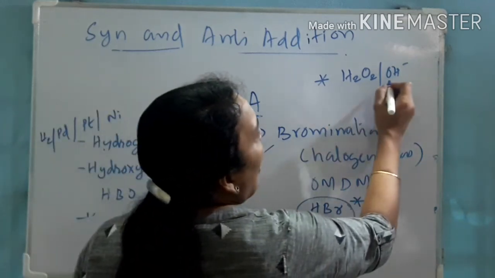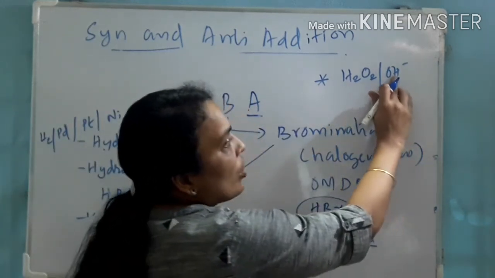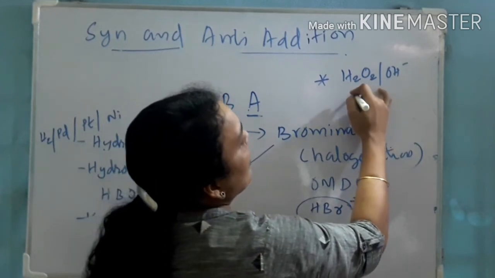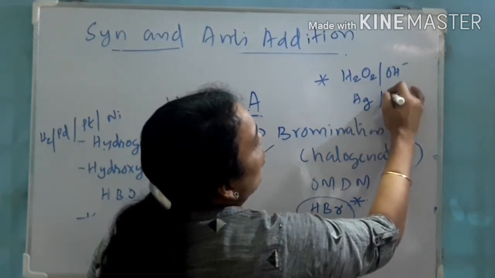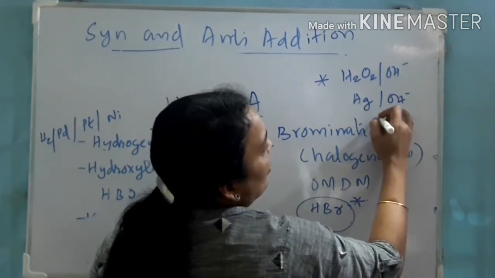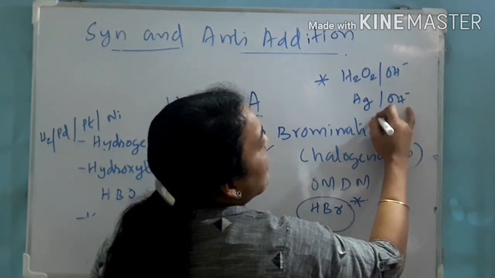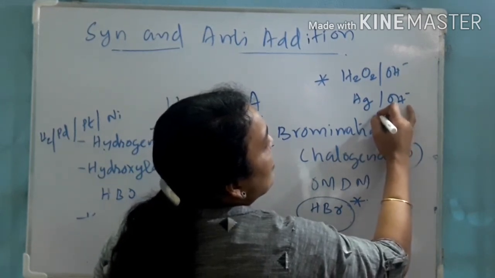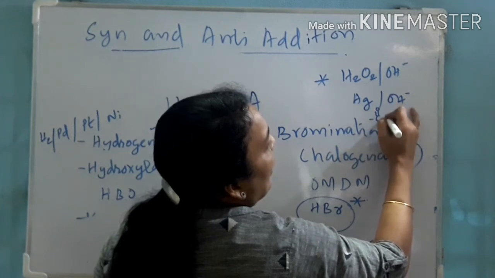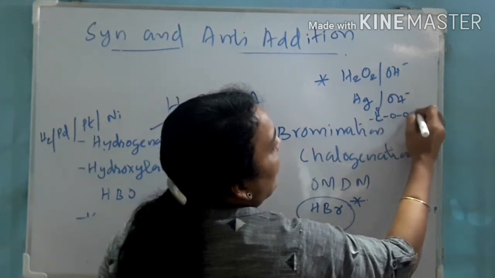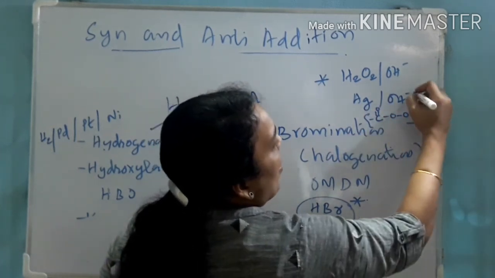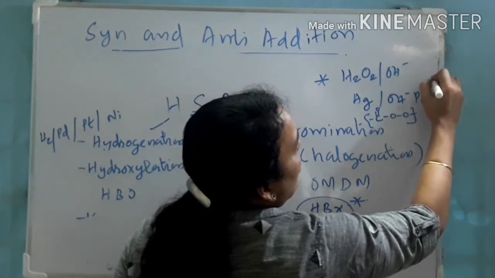And remember, hydroxylation in presence of hydrogen peroxide, in presence of silver, in presence of peracids. What is a peracid? CO3H, that is called peracid.